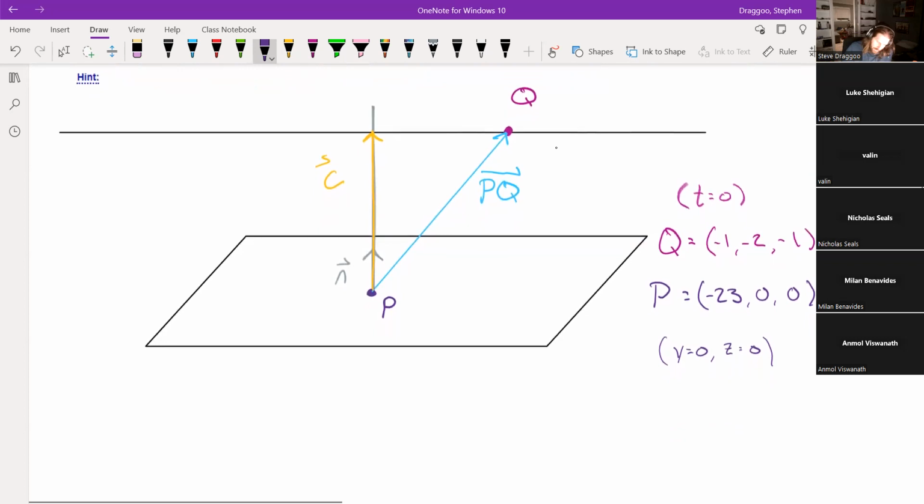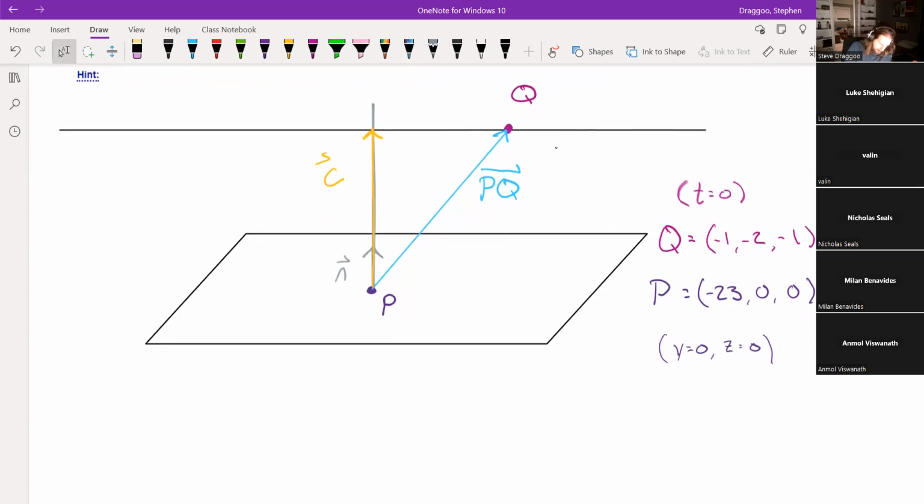Now I need my vector PQ. And it's a vector. Specifically, it's the blue one. If I write out what that vector is, what do we have? I've written it PQ, so final minus initial. It's going to be -1 minus initial, which is -23.